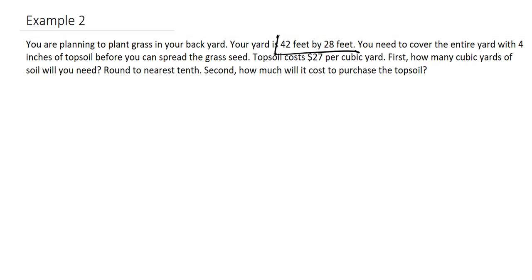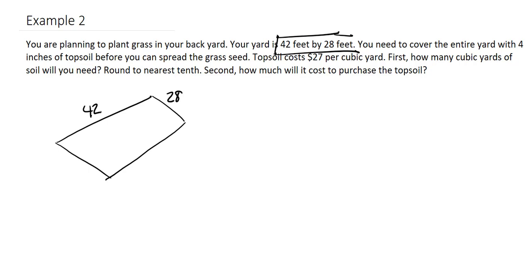So we have a yard that is 42 by 28, right? So I'll just kind of draw this. Obviously not the best to scale, but 42 by 28. But then we also need 4 inches. So this is where our volume comes in, right?